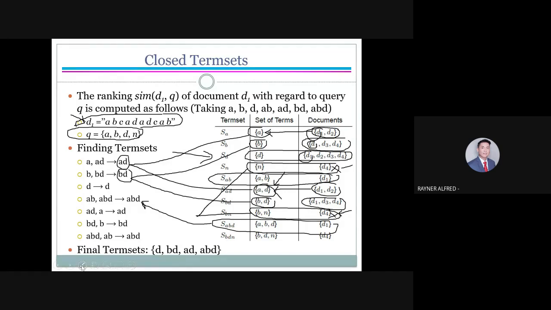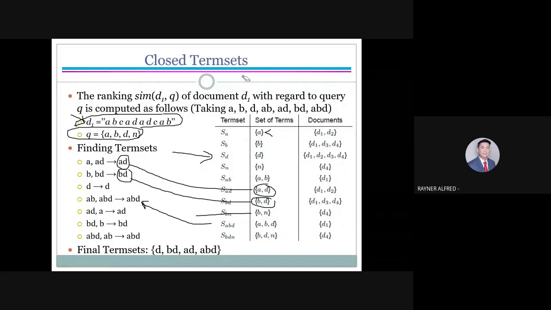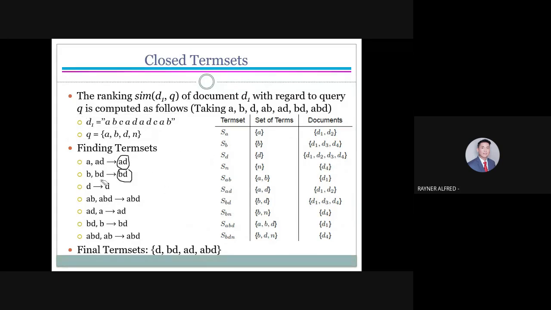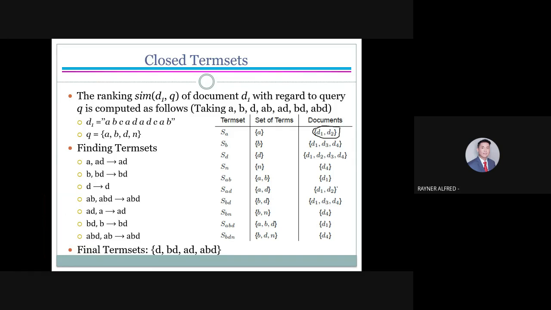So let me erase some of this, it might make you more confused. Let me start again. So we always find the pairing. This one pairing with this. This one pairing with this.